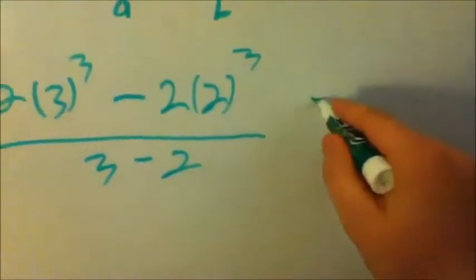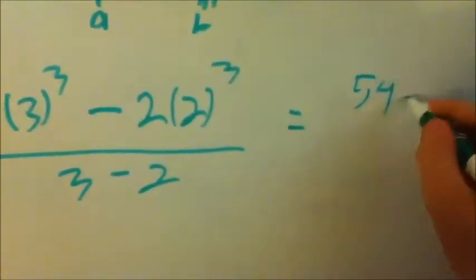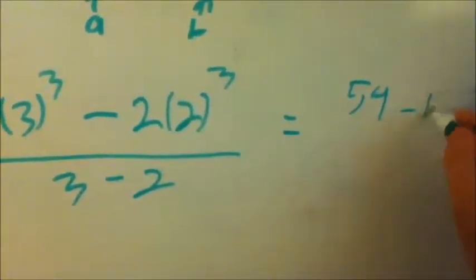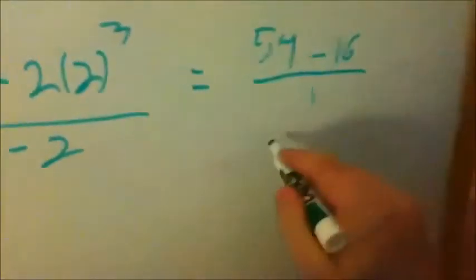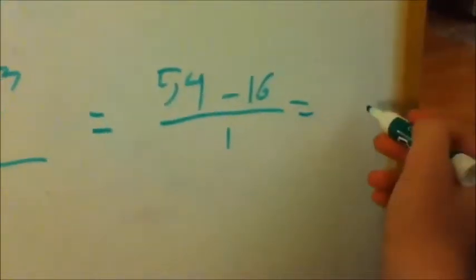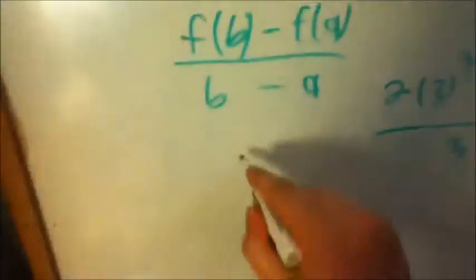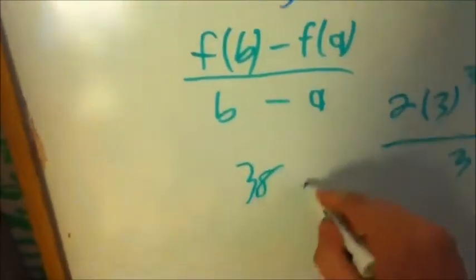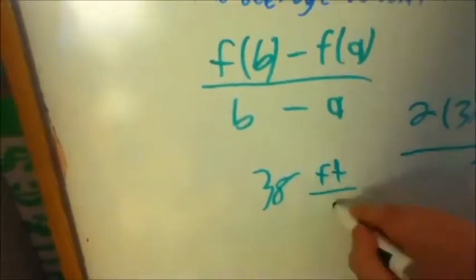And that equals 54 minus 16 over 1, which simplified equals 38. And so the answer is 38 feet per second.